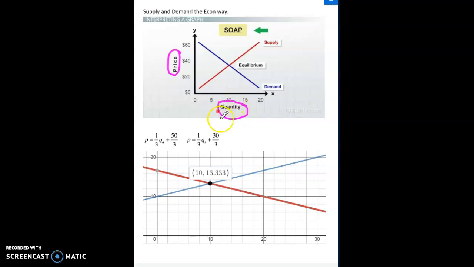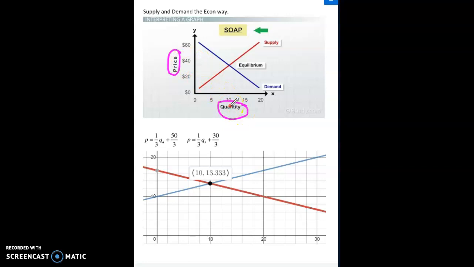So they put quantity on the x-axis, even though quantity is technically the output of the relationship. We know the price, then we know the demand and the supply, so the quantities of demand and the quantities of supply. So even though the relationship is input is price, output is quantity, econ puts it this way.